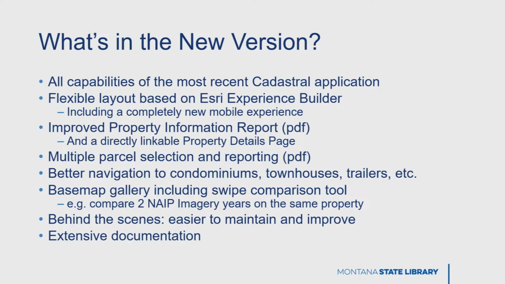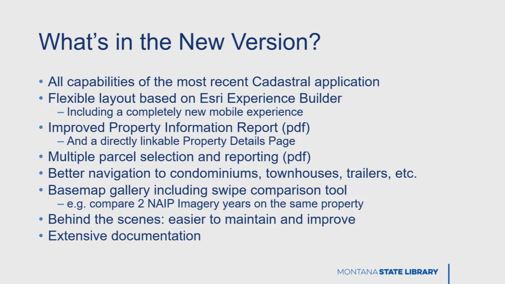The application includes PDF property reports for both single and multiple properties. It allows you to select multiple properties, which the old one didn't. As I mentioned, there is better handling of those multi-owner properties.